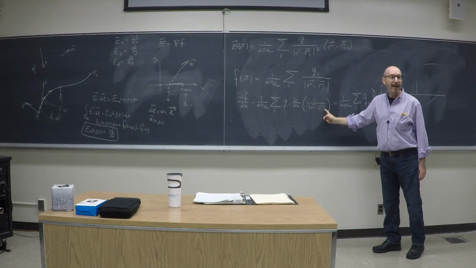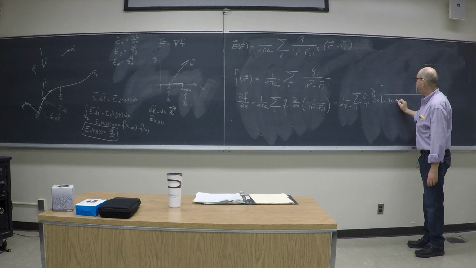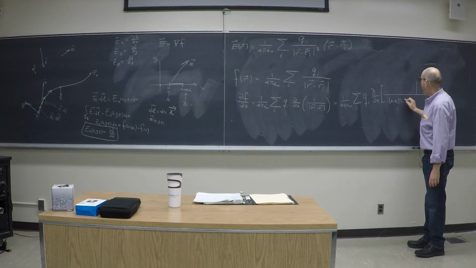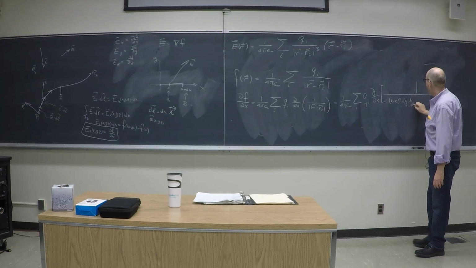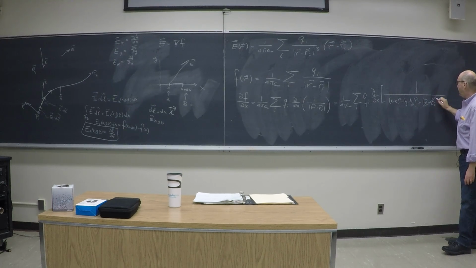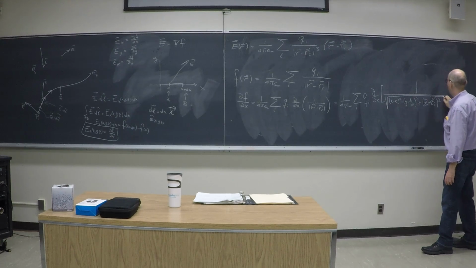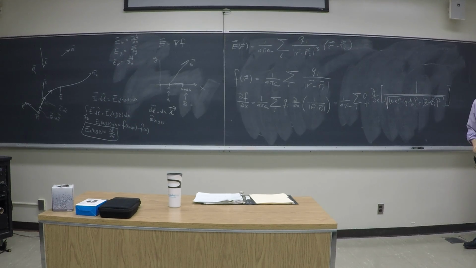The magnitude of that is (x minus xi) squared plus (y minus yi) squared plus (z minus zi) squared, and then we need to take the square root of the whole thing. And now we see the x there. Good?